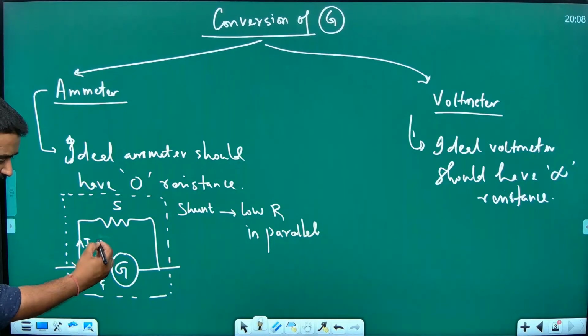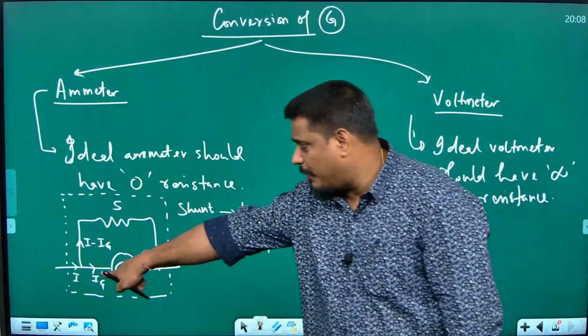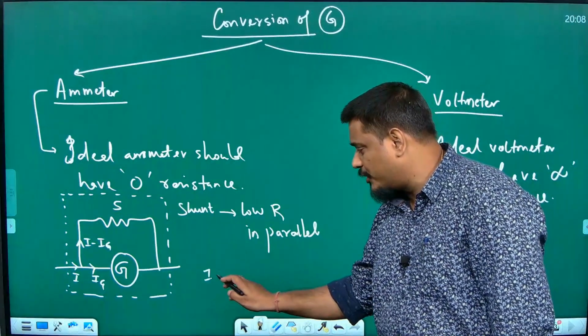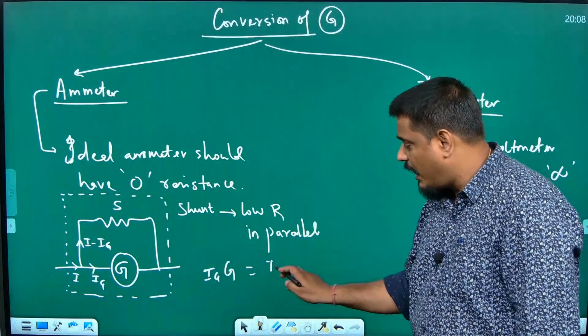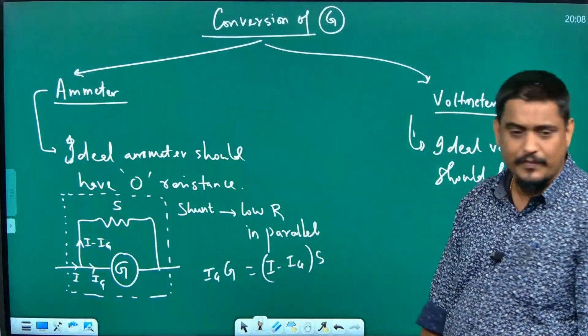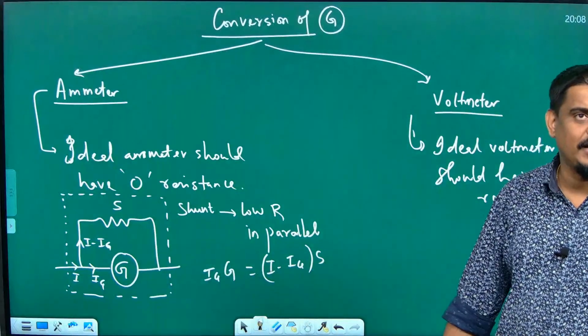I minus Ig. You know that in parallel connection, voltage remains the same. Bottom arm potential is Ig into G. Above, I minus Ig into S. They must be equal because they are in parallel connection.